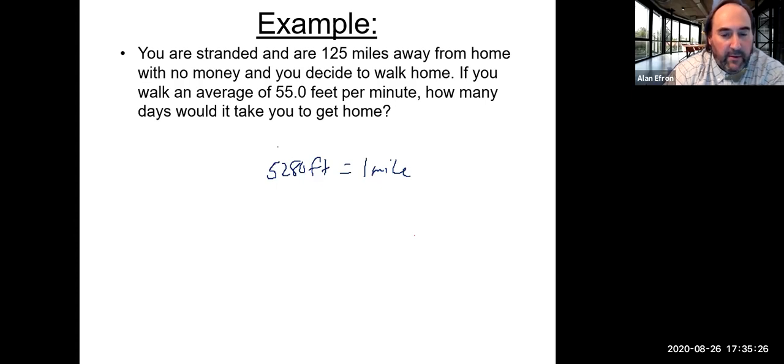So here we were going to be traveling 125 miles, and we're traveling at 55 feet per minute. And we're going to basically use that to figure out how long it's going to take us to go that distance. So the 55 feet per minute can also be used really as a conversion factor.